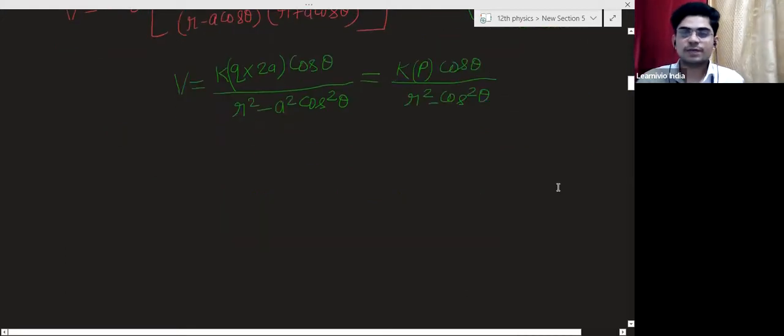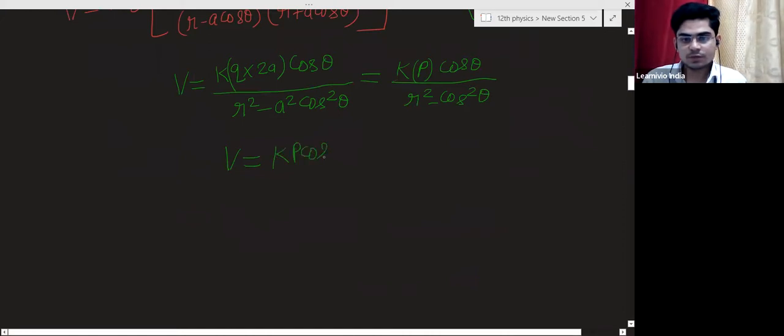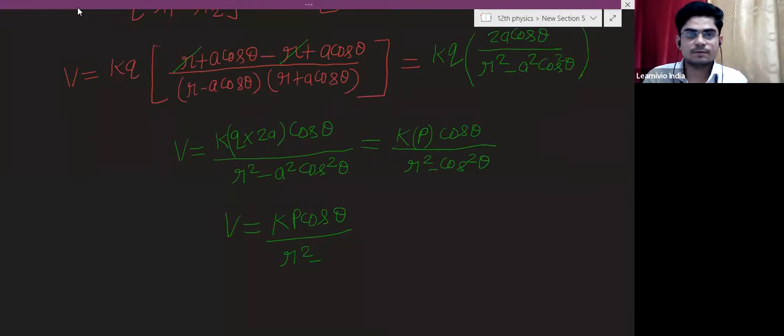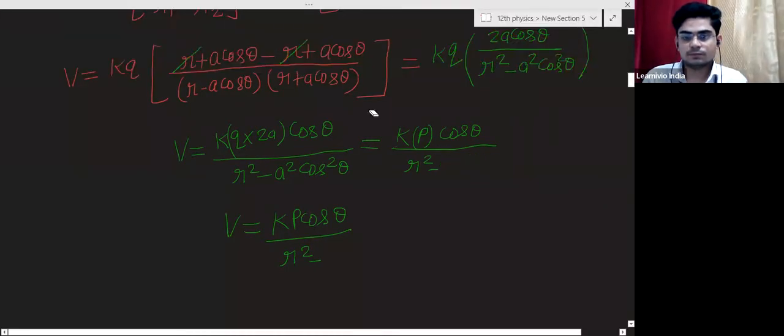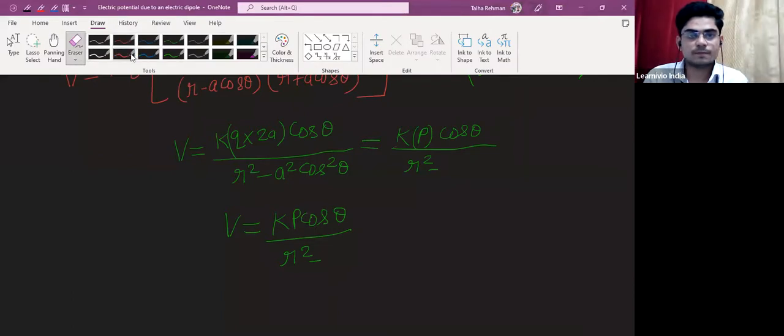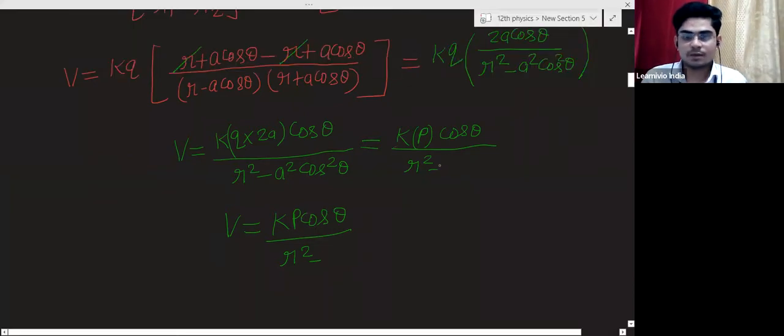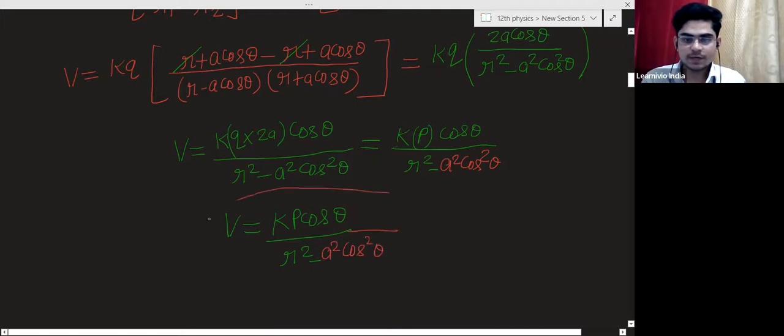So this is the final expression: Kp cos theta divided by r square minus a square cos square theta. This is our final expression for potential due to an electric dipole.